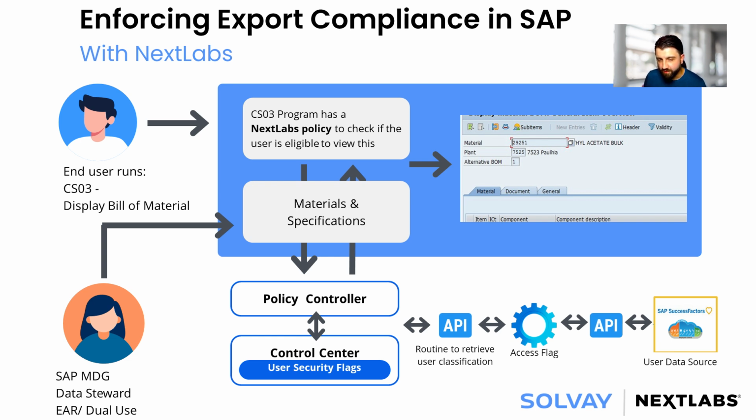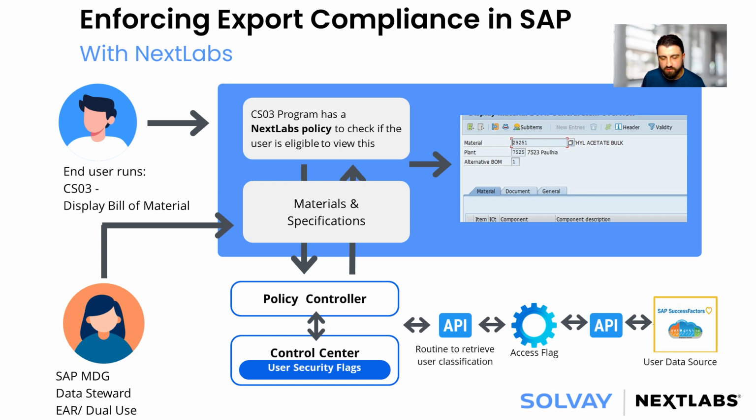And I have declared in the policy controller that I wanted to control the table as TPO, that is the line item table for the bill of materials, and certain fields in this table. So basically SAP, the system, knows that this is control data.